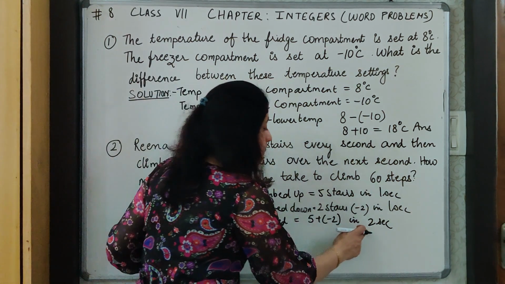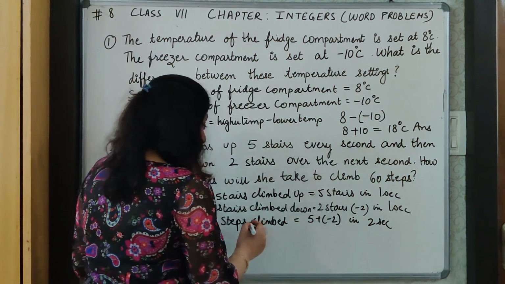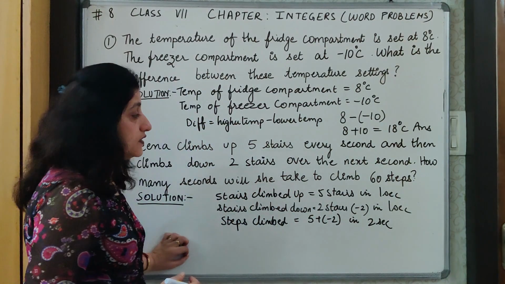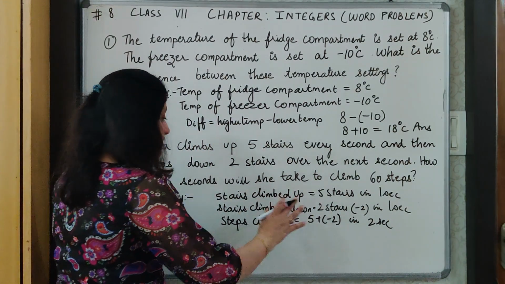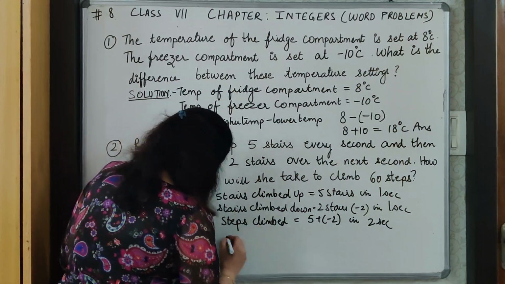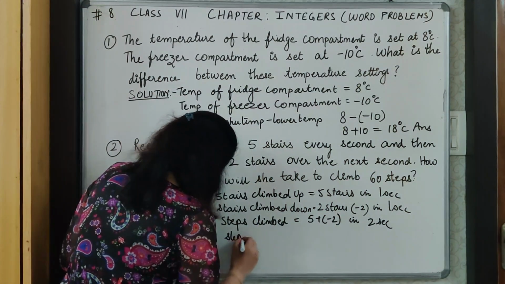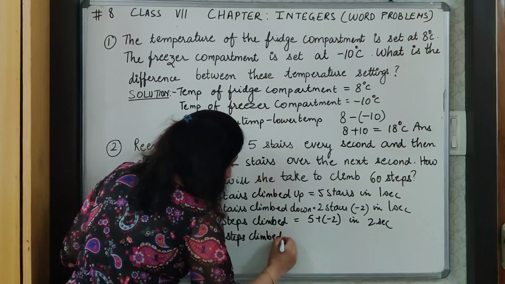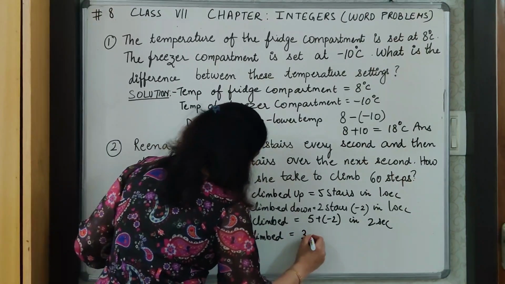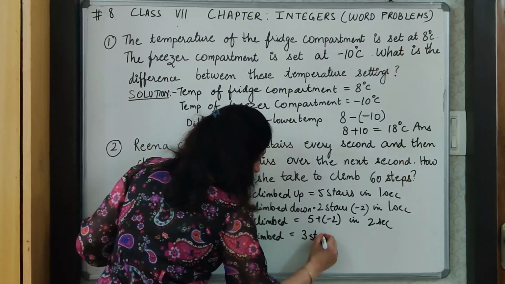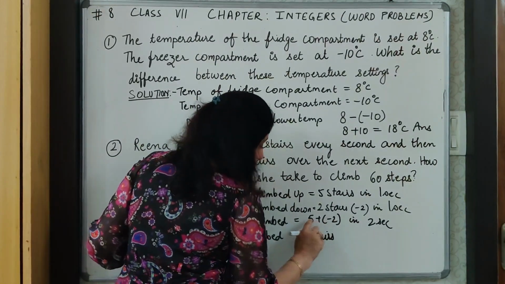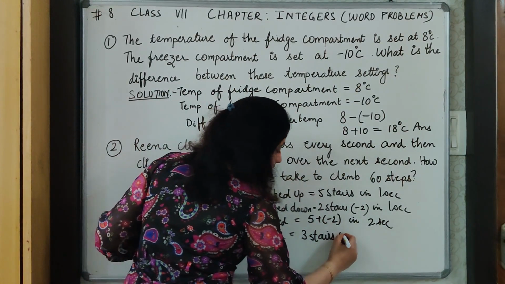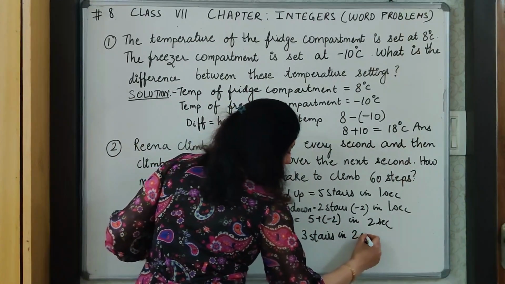So the time will become 2 seconds and the steps will be, we will now reverse the statement. So steps climbed is equal to 3 steps or stairs, whatever it is given. 3 stairs, 5 plus minus 2 will give me 3 stairs in 2 seconds.